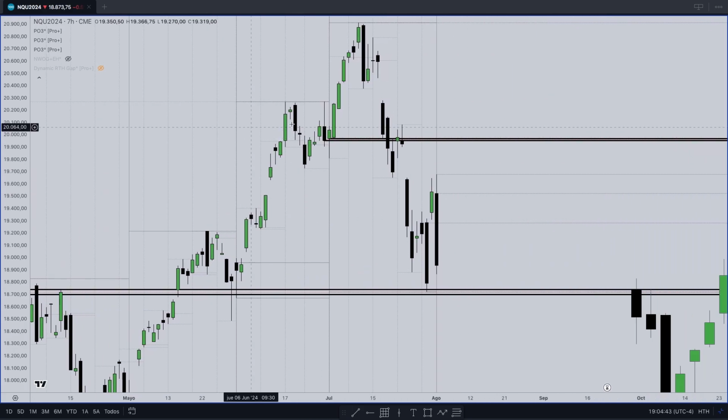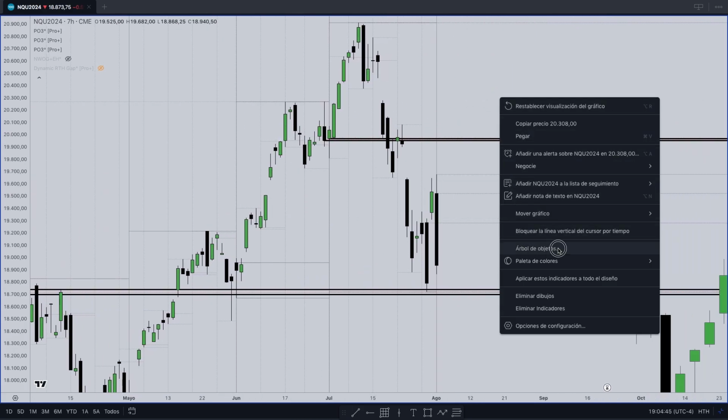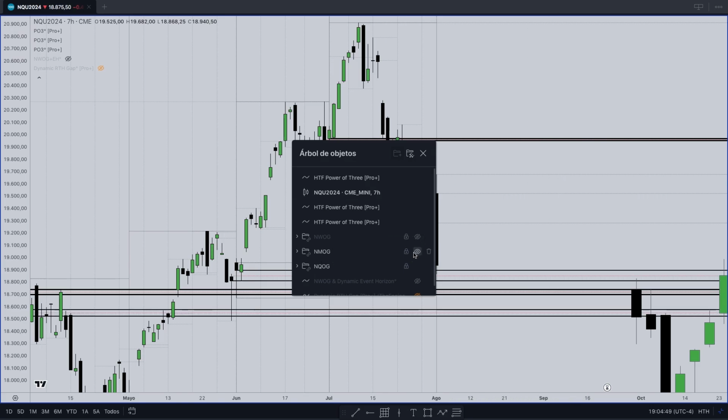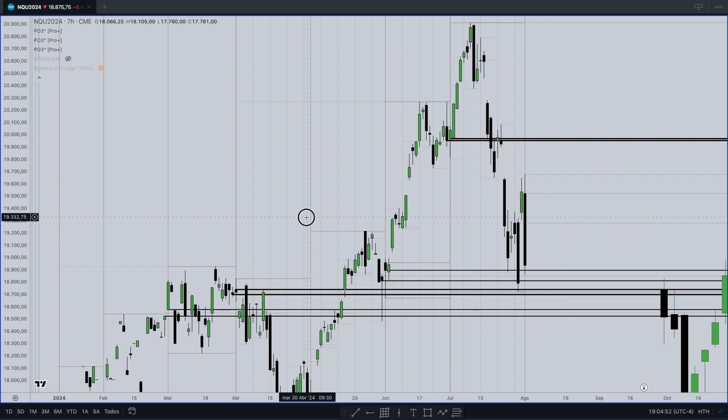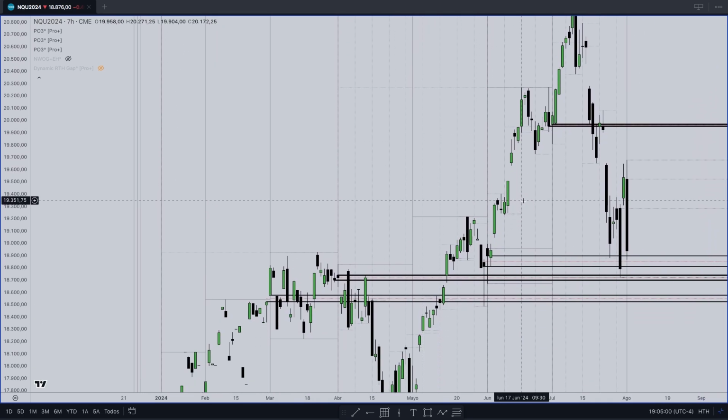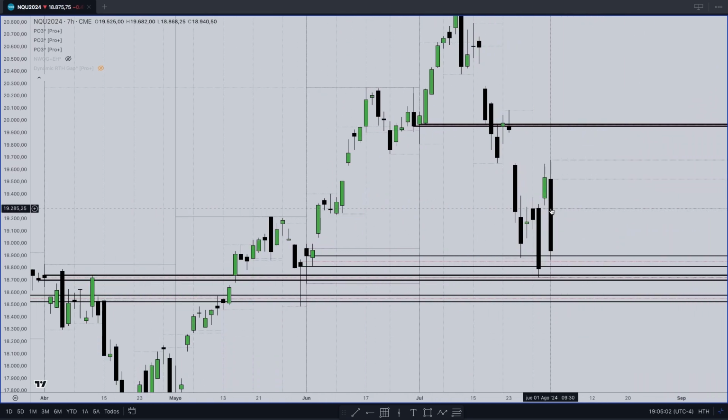Okay, so now we can add the new month opening gaps, and look, now we have March, June, and today's gap was August, the new month. I don't have it in my chart.